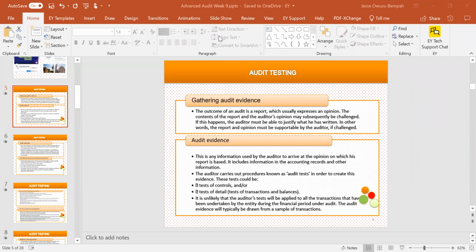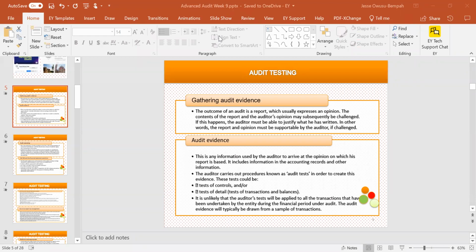How has the control been set up? Is the design okay? That's one. And number two, operating effectiveness. Is it even working? With design, you are checking for whether the control is even there. With operating effectiveness, you've gone beyond whether the control is just there to actually see if it's actually working. So two different tests that the auditor looks at when it comes to test of controls. It's very, very important.